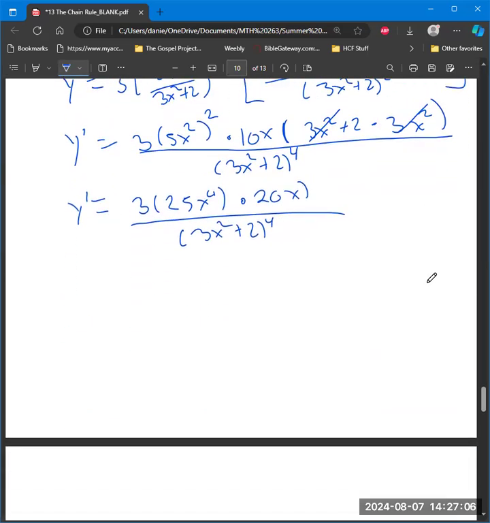That's going to give me 75 times 20. It's 1500 x to the fifth over 3x squared plus 2 to the fourth. Yep. Okay.